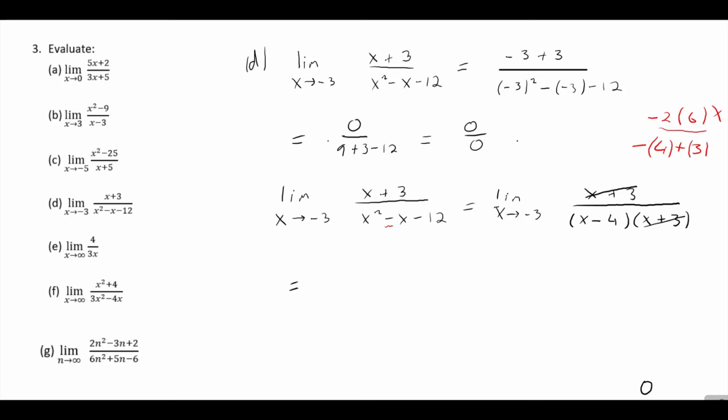So at our next stage, we still need to put in our limit sign because we haven't finished yet. Limit as x tends towards minus 3, and we're going to get 1 at the top, and that cancels out, and then at the bottom we're going to get x minus 4. So you can see that this particular limit is going to be, we just put minus 3 in there, minus 3 minus 4, and we're going to get minus 1 over 7.